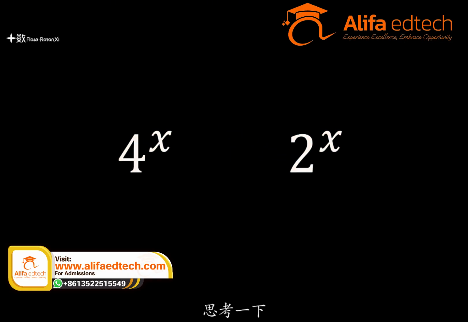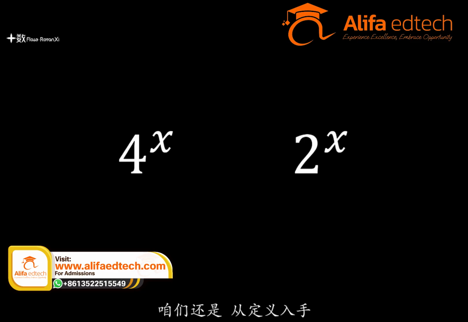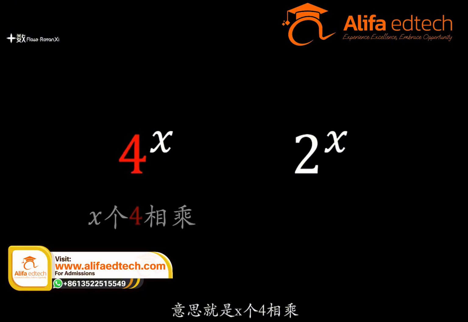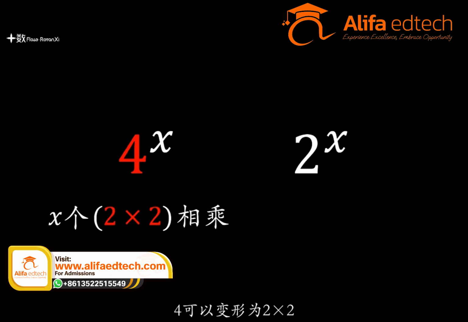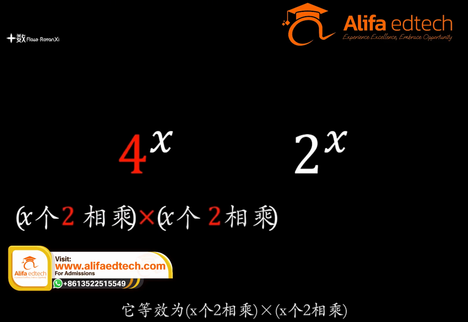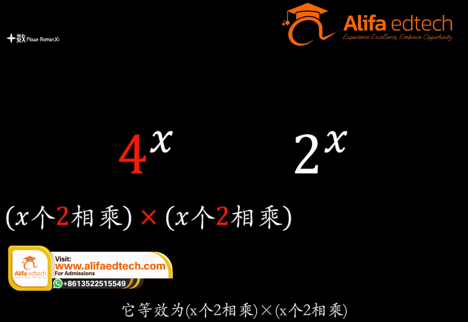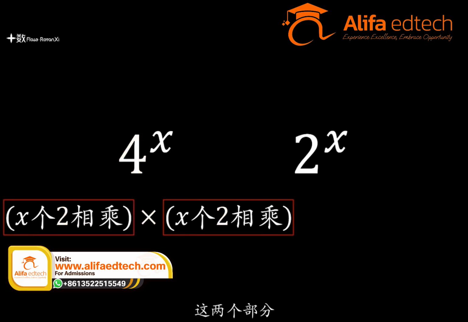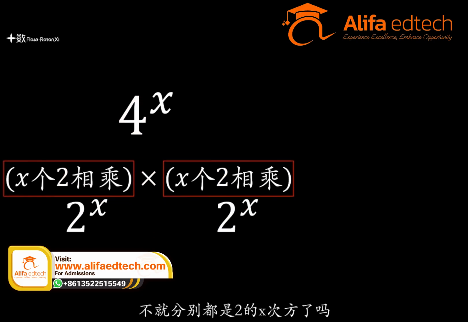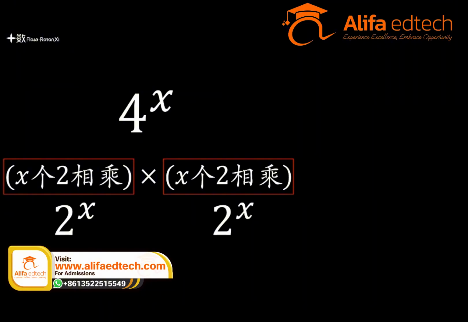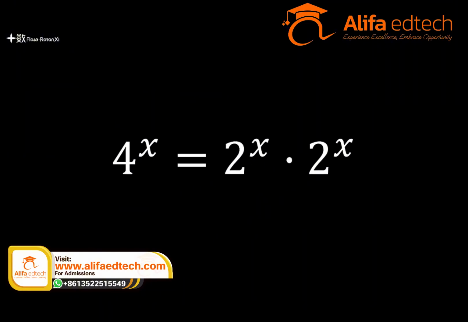Let's start from the definition. 4^x can be rewritten as 2^(2x). Note that this is equivalent to (2^x)^2. Oh, 4^x equals 2^x multiplied by 2^x, which equals (2^x)^2.